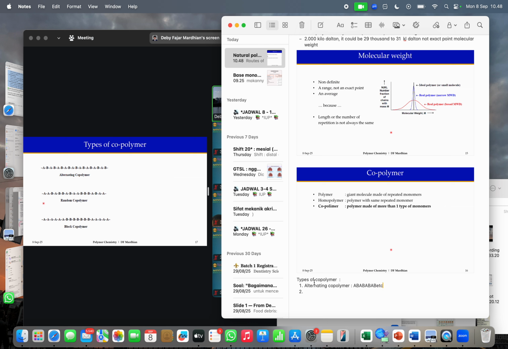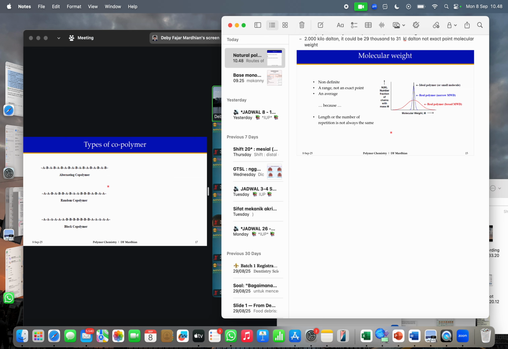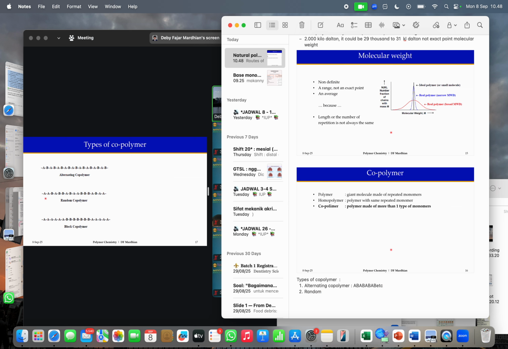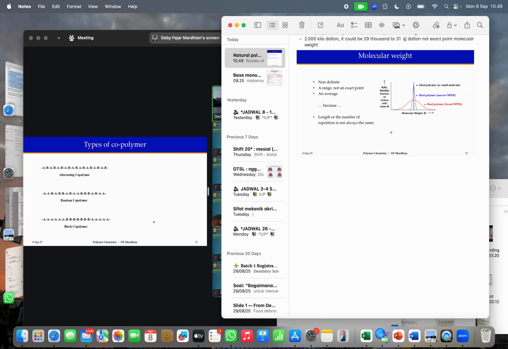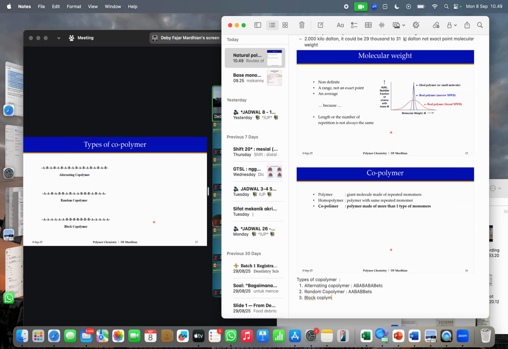And when the arrangement of these two monomers is not in a good sequence, we call it random copolymer: A, B, A, B, B, A, B, A, and so on. However, when they're arranged in a group manner, like this, A, B, B, B, B, B, B, B, it's called block copolymer.